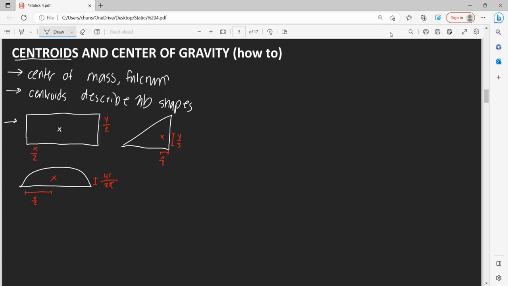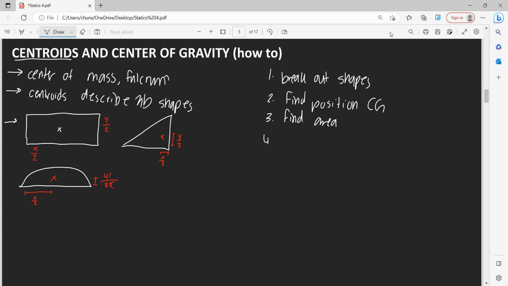All right, so keeping that in mind, the method to solve for centroids is simple. So we break out shapes, find position of center of gravity for each shape, find area of each shape, and then multiply position by area.